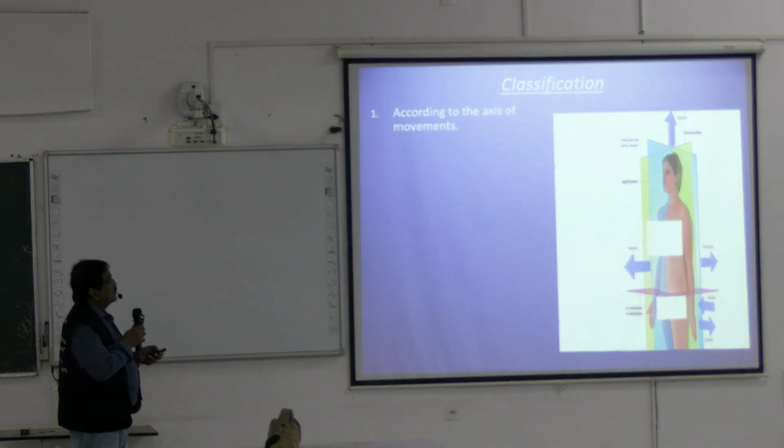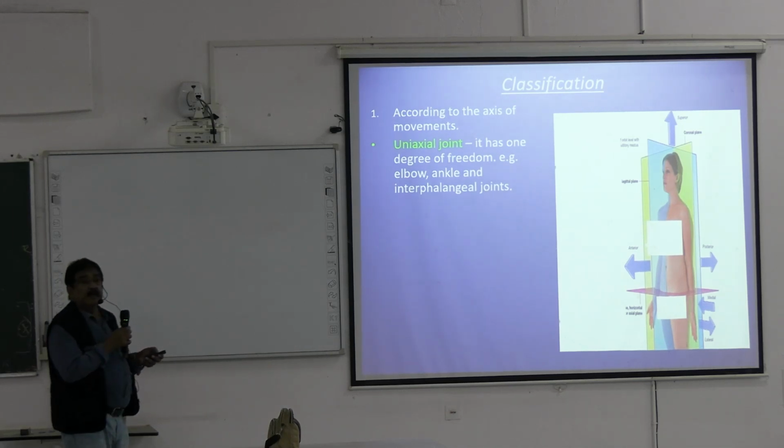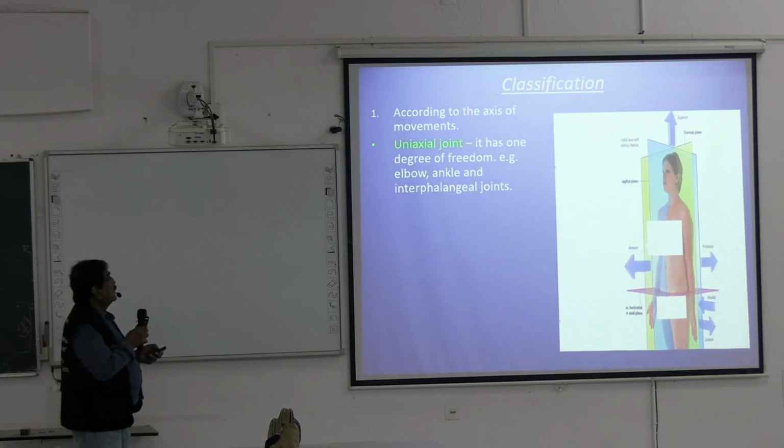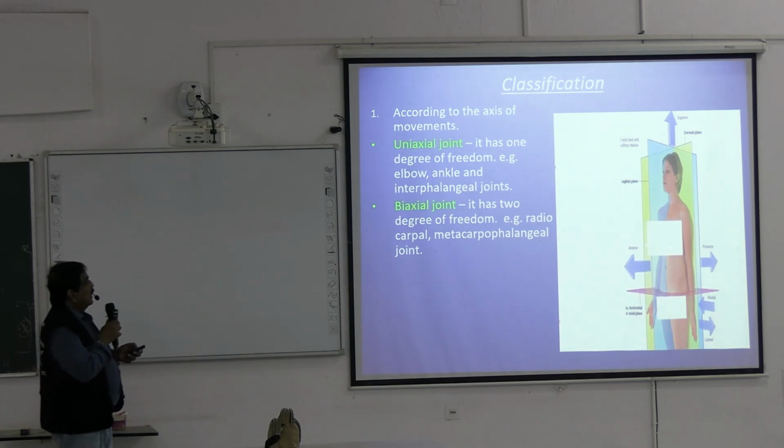According to axis of movement. Uniaxial: it has 1 degree of freedom, example, elbow, ankle and interphalangeal joints. Biaxial joint: it has 2 degrees of freedom, example, radiocarpal and metacarpophalangeal joint.